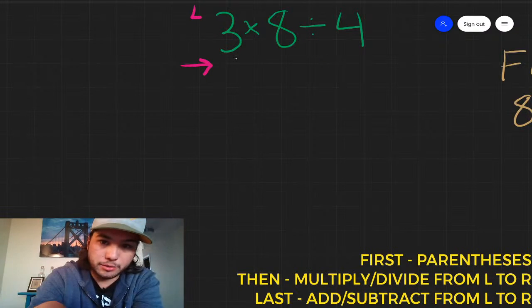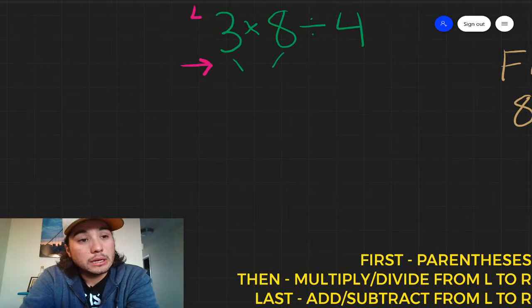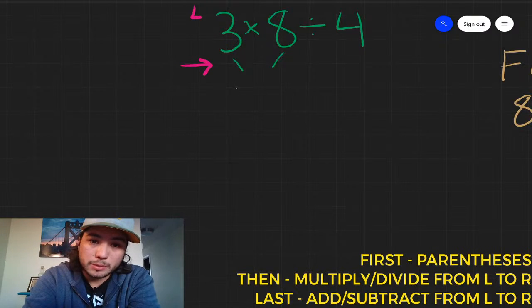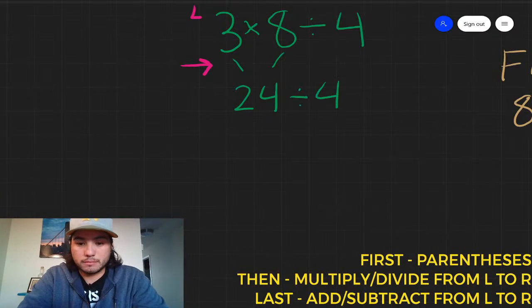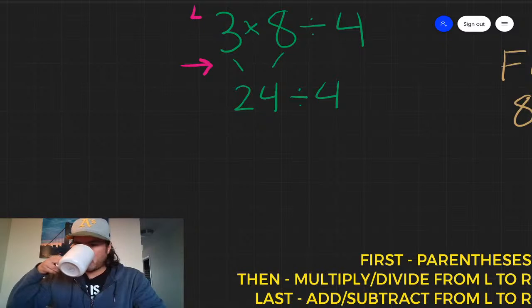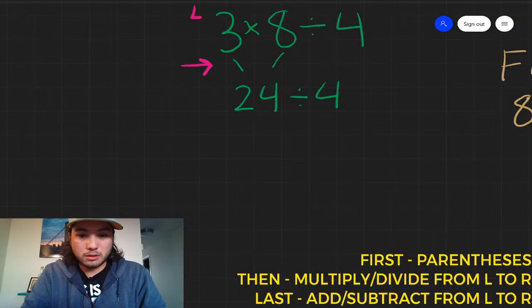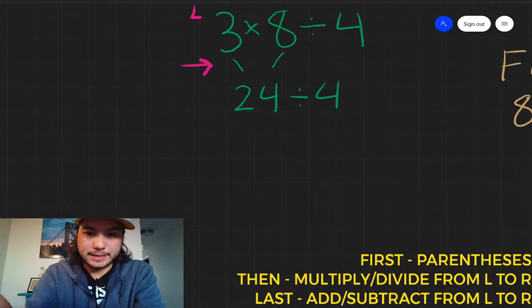So let's try that. 3 times 8, if we remember from the last expression, equals 24. And then 24 divided by 4 equals what? We've got it in the chat already. 24 divided by 4 equals 6, right?